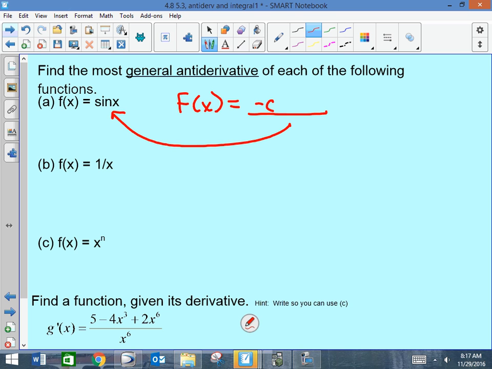Negative cosine of x. And if we want the most general, we have to add some constant c. Yes, we have to. And you'll see why. We're going to call it C, and then they're going to give you information to find the particular C. But you got to remember to put that C on, because that's important to find your most general antiderivative.